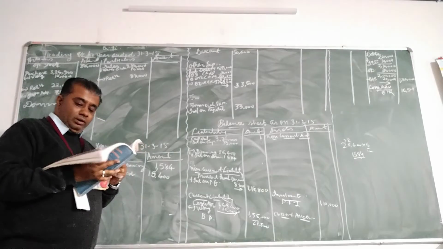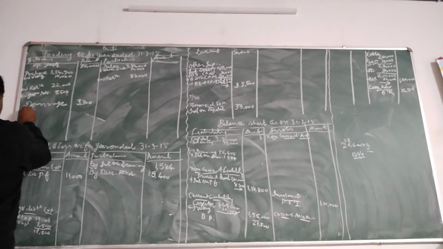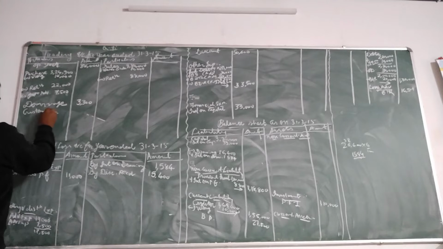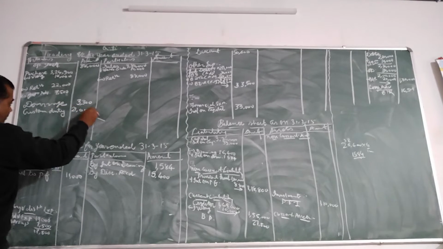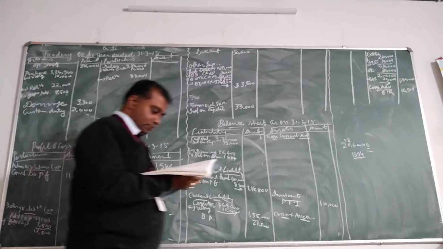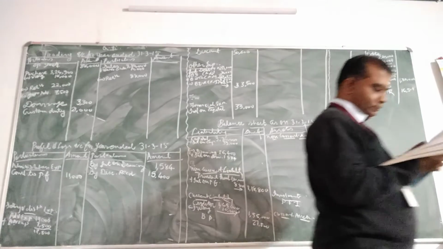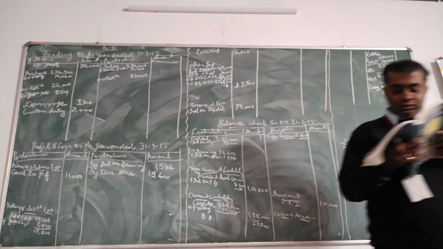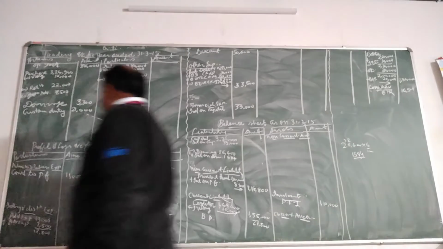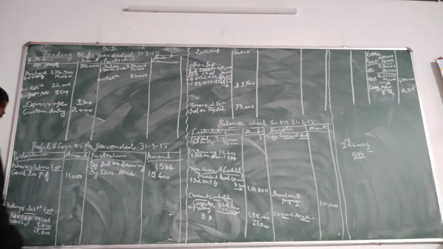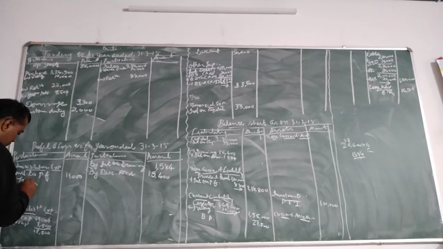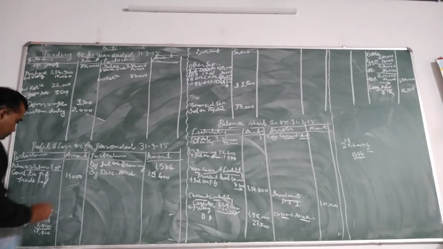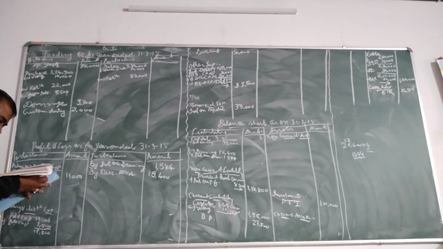Custom duty 21,000, trading account debit side. Then trade expense, it is considered as administrative expense. So write in the profit and loss account debit side, trade expense, 1 lakh.